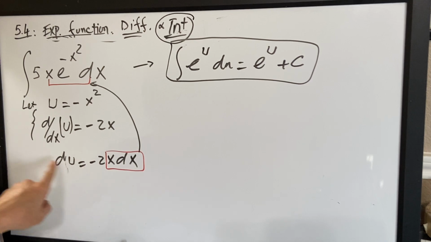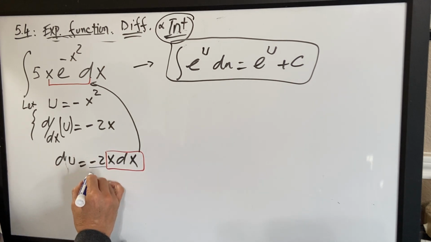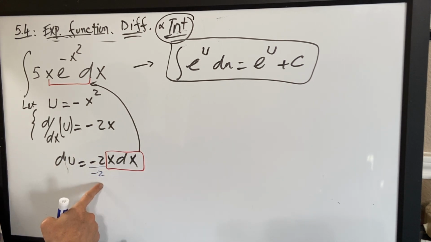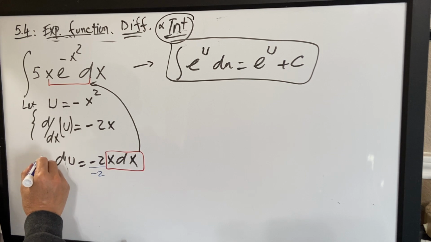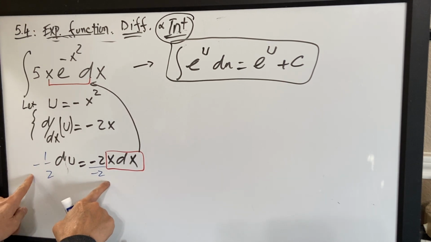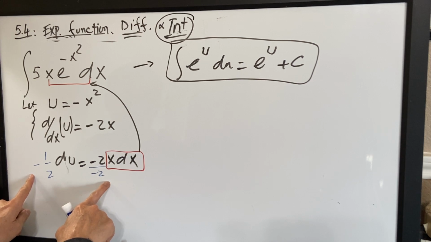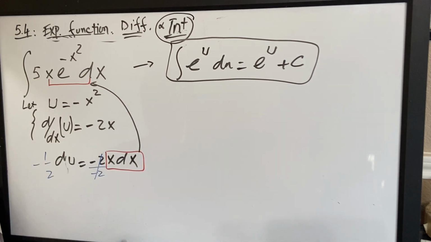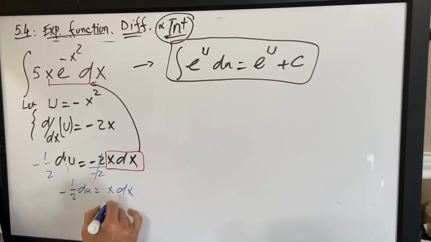Can I bring negative 2 over here? Indeed, you're right. I do the same thing to both sides, okay? Negative 1 over 2. So now what I have is just simply negative 1/2 du equals x dx.